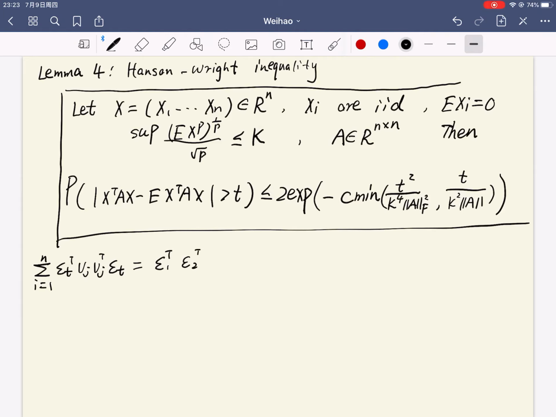Using a similar idea to what we have used before, we put the vectors together to form a big vector and also form a big matrix.